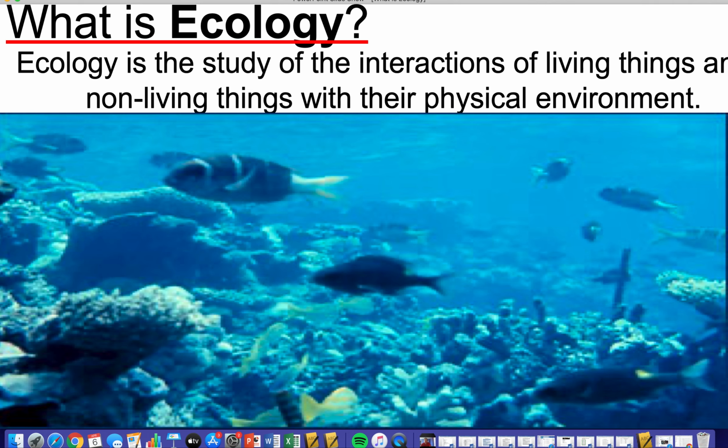You have the different fish, you have the different plants at the bottom of the ocean, etc., but there are also other factors that affect this environment, such as the amount of sun, the temperature of the water, and the pH level of the water. So everything together and how it interacts is what ecology really is.